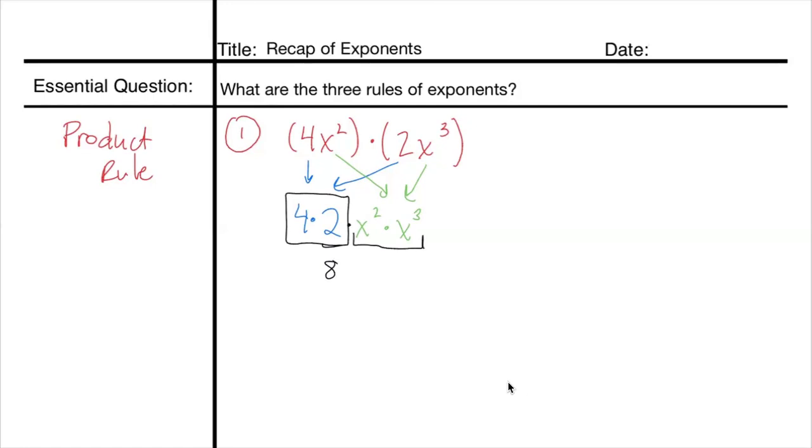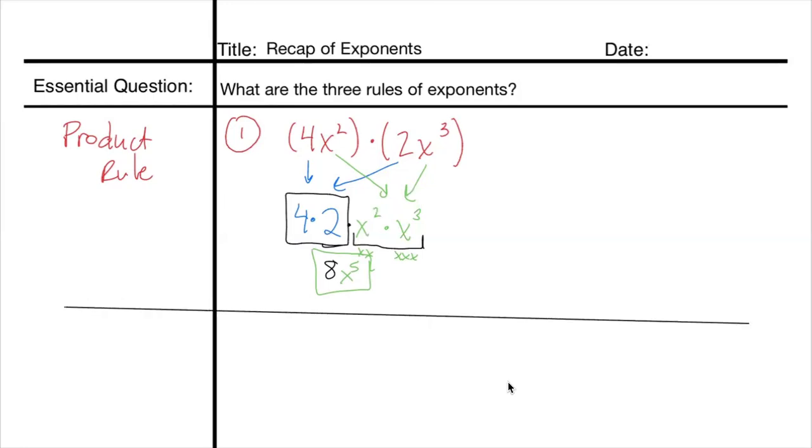If you remember correctly, when we multiply numbers with the same base, we have to add their exponents. Because really there's, and I'll write it out for you to see, 2 x's here, 3 x's here. So total we have x to the fifth. So 8x to the fifth is our answer there. That's how we do number one.